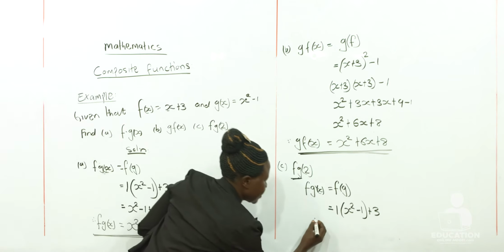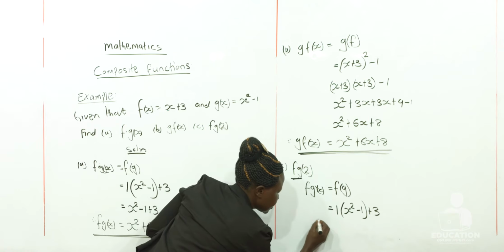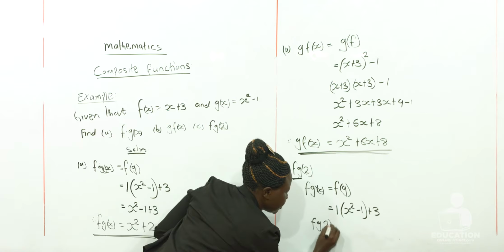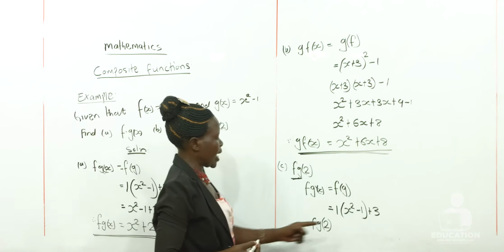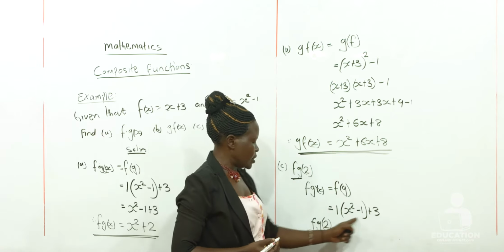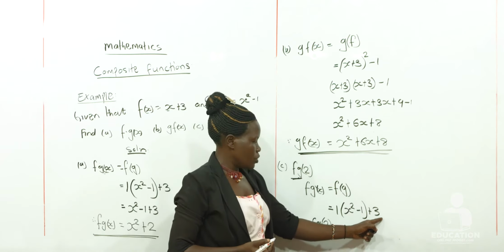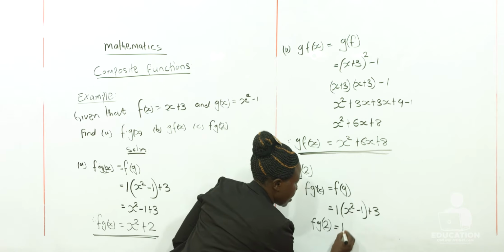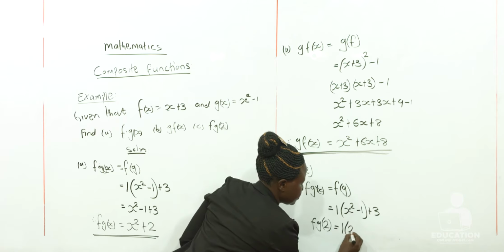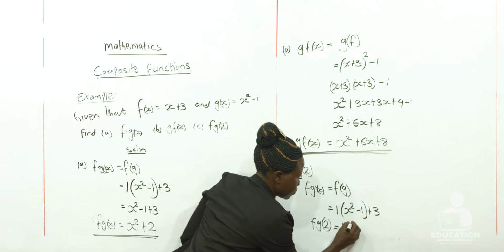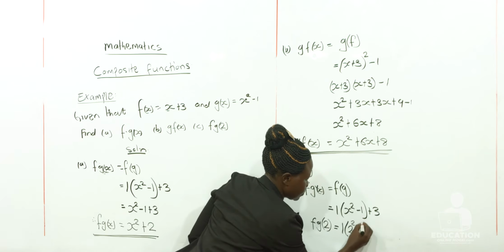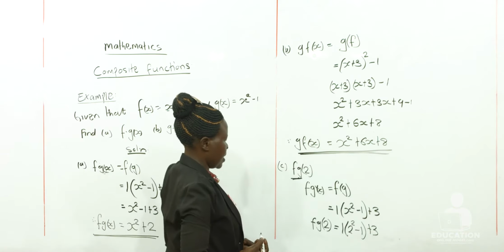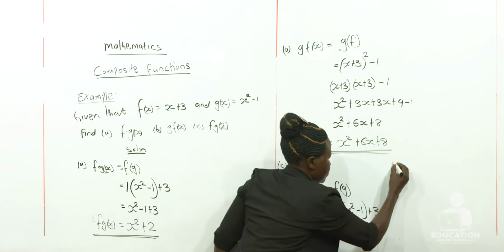Then you come down and say, if fg is of 2, meaning that x is 2, what will happen to this? This is where you are going to substitute the value of x. So you will have 1 into 2 square, minus 1, close the bracket, plus 3.